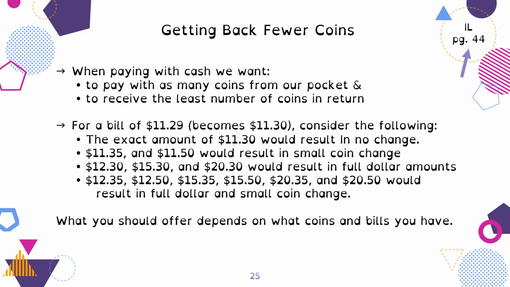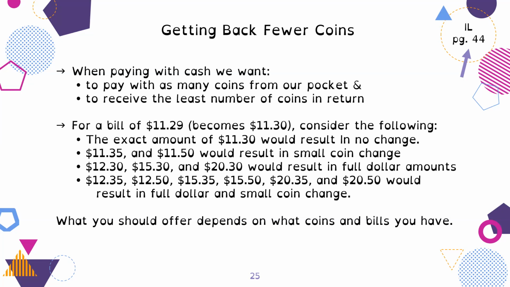For example, if the bill is $11.29, this becomes $11.30, then we consider the following. If we are able to pay with the exact amount, $11.30, then we don't get any change. If we pay with $11.35 or $11.50, then we would get small coins in change.